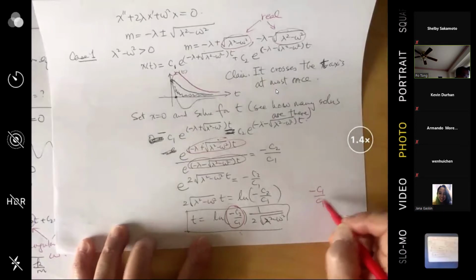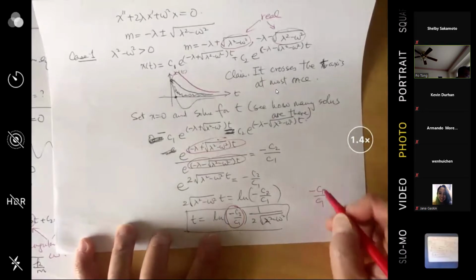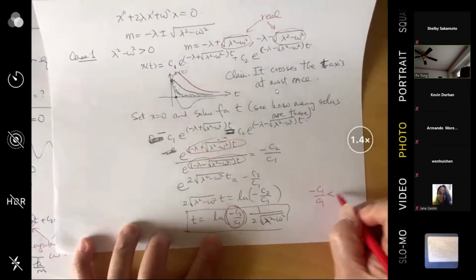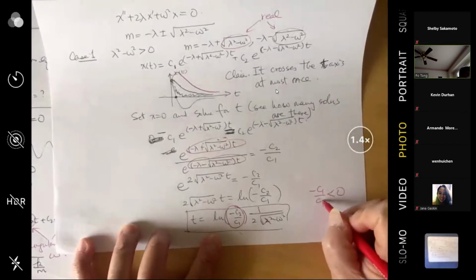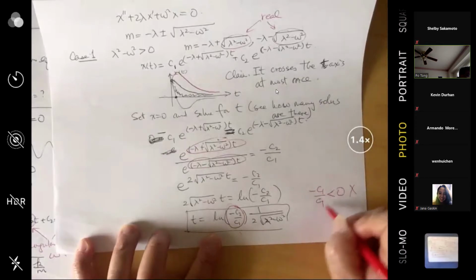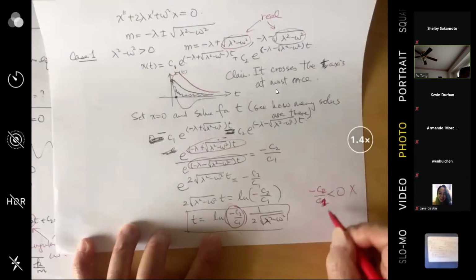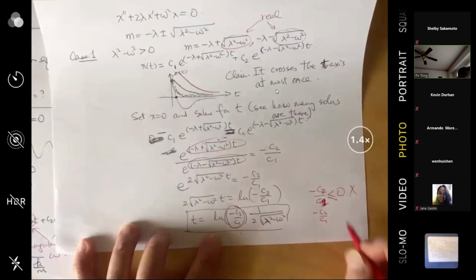What happens if this guy is negative? Then I have a problem. That doesn't work. Sorry, this is a 1 here, down there is a 2. So if this guy is negative or 0, I have a problem.